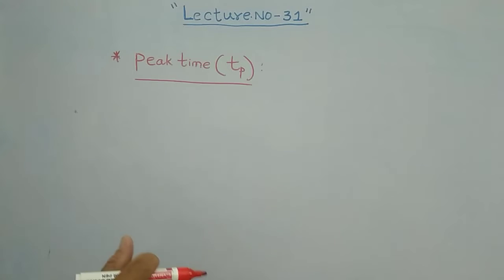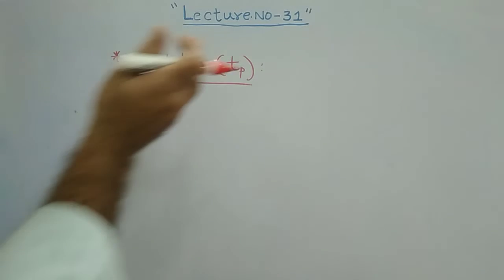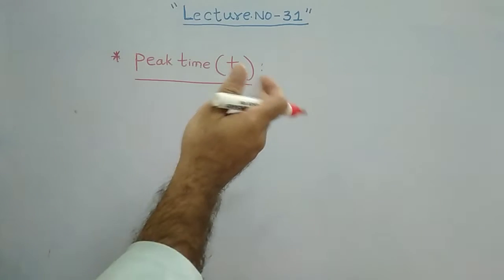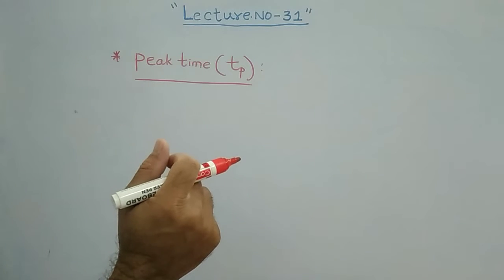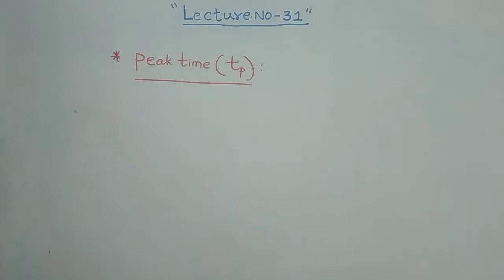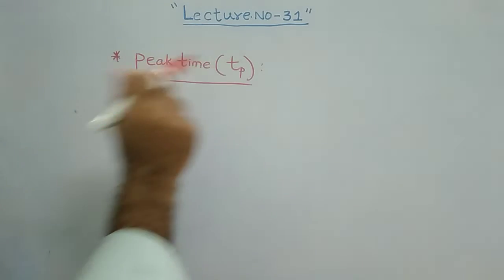To see that time response, go through our previous presentations, presentation number 29 or 30, and you can see it elaborately. Here there is a mathematical expression for this TP.